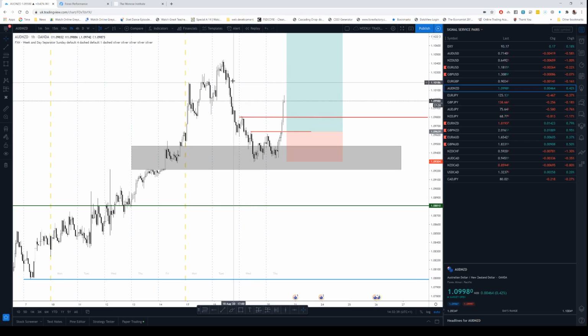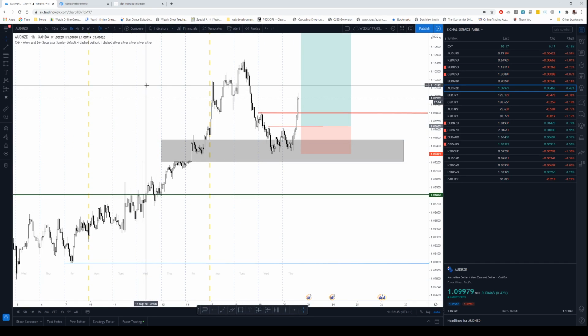That's why I didn't have faith that this was going to continue going down. Because I've studied that once you take out the previous week's high, there's a huge chance that price is going to retrace and form the low of the week before a continuation to the upside. It's just a matter of being patient.